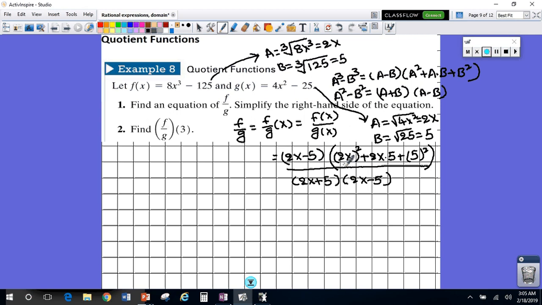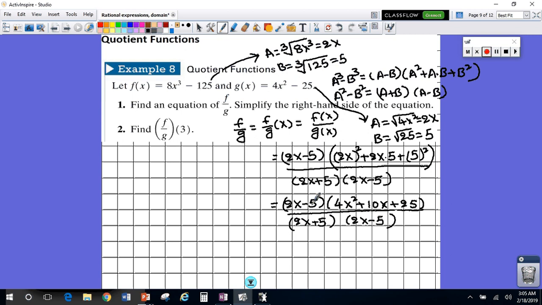We are not done yet with the second term in the numerator here, so we have to simplify that one first. That is 2x minus 5 times 4x square plus 10x plus 25, everything divided by 2x plus 5 and 2x minus 5.